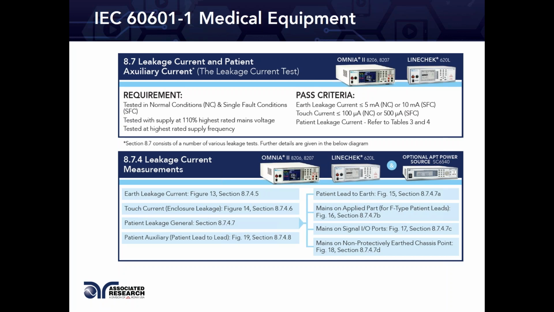Now, does your product have leakage current between those 2 points? So this is where patient auxiliary leakage current comes into play. Not only that one of the applied part is leaking current, is there a leakage between 2 points on your product? So this is well isolated within your product, but what about the current between one applied part to other applied part? If you measure this and if it's above the particular allowable limit, this would actually fail the leakage current test.